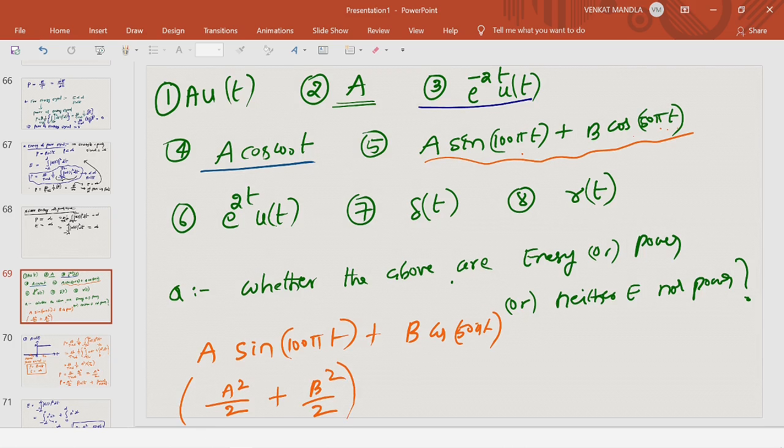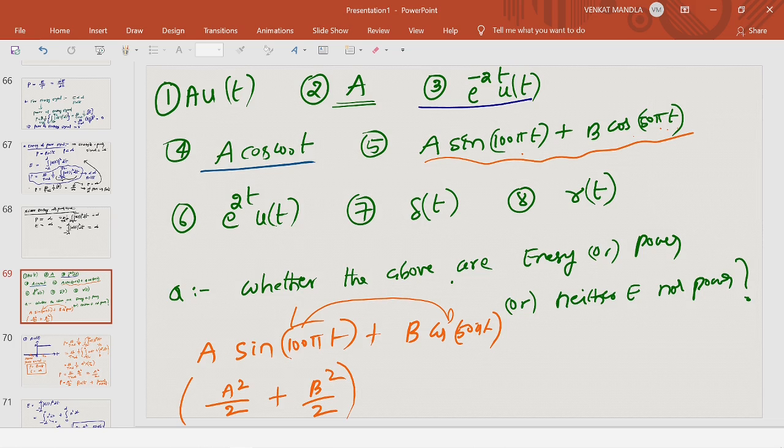Why? Because sin 100 pi t and cos 50 pi t are orthogonal signals, so you can add their powers. If you want to find the power, you have to square the whole expression inside the integral from minus T by 2 to plus T by 2. You will get a square sin square 100 pi t and b square cos square 50 pi t, giving a square by 2 plus b square by 2.